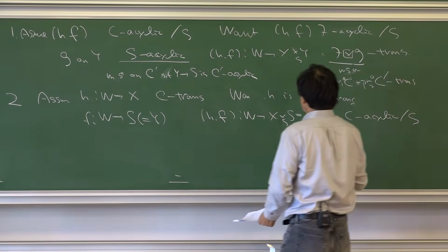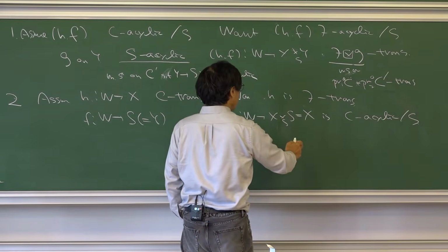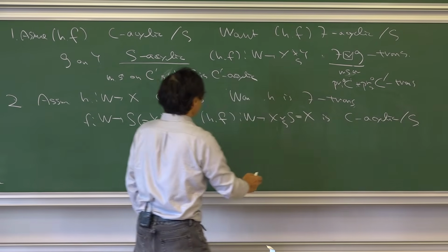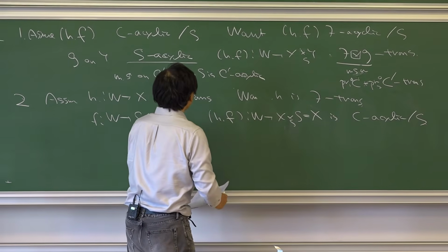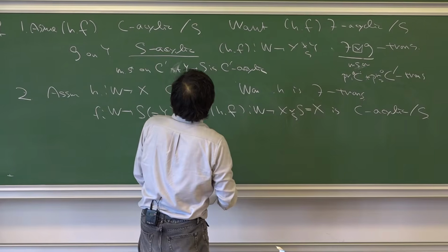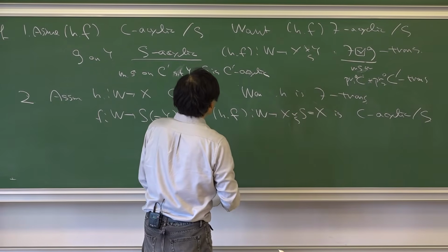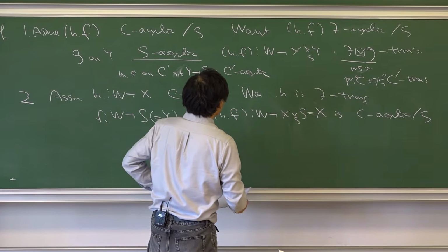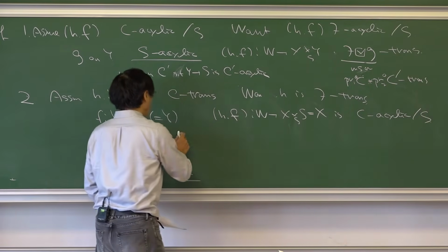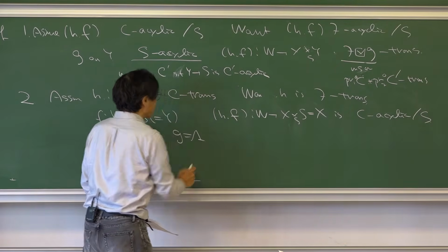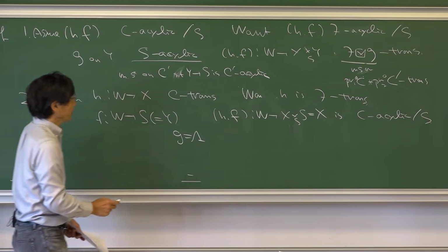So then we can take as G the constant sheaf.